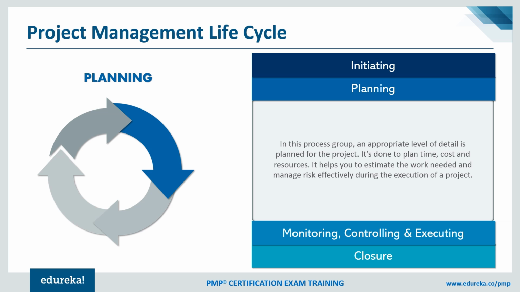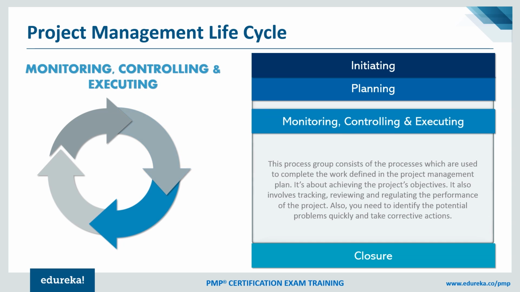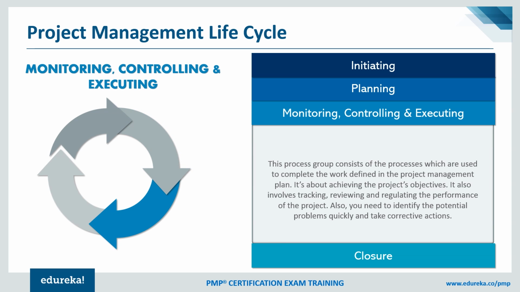So when we complete all the processes of planning, that is where we are ready with a document called the project management plan. And this becomes the basis throughout for project performance, project appraisal, and for team performance and team appraisal. Moving next, we are clubbing monitoring and controlling and execution. And as we said, monitoring and control is a continuous process which has to be done starting from the beginning itself.